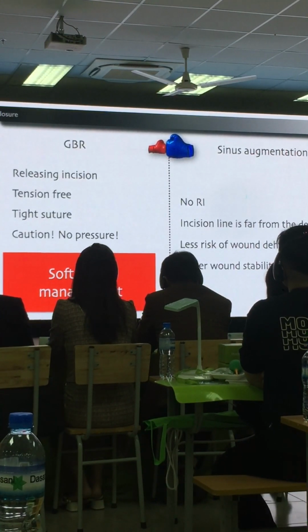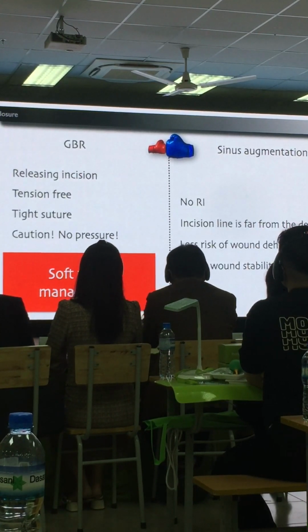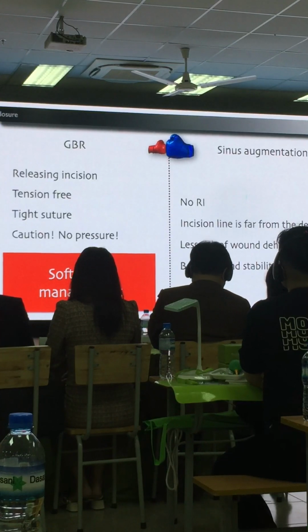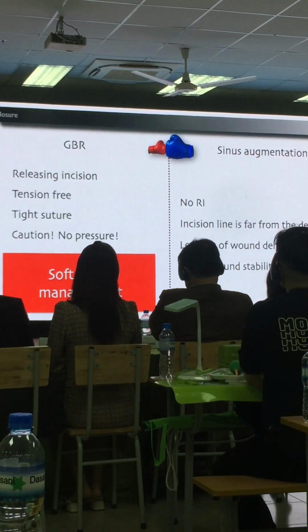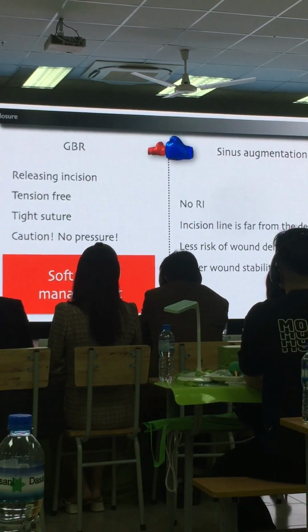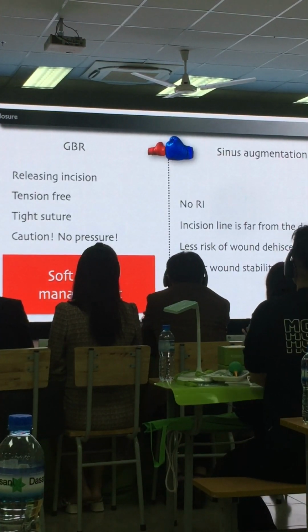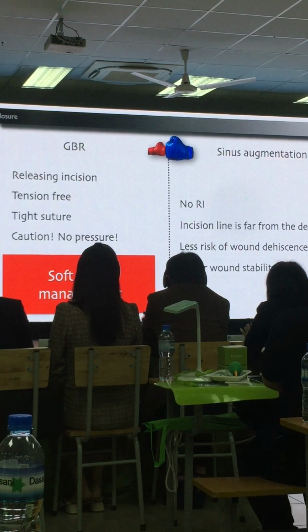After surgery, special wound care is needed without any pressure. Soft tissue management is very technique sensitive. It is also very stressful to clinicians as well as patients during the healing phase and recall checkups.